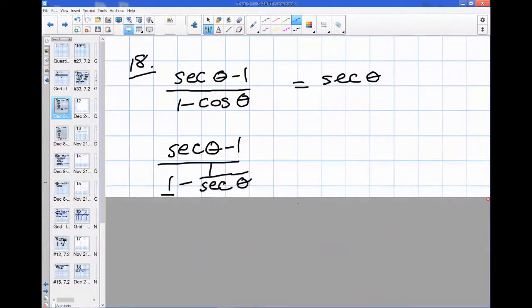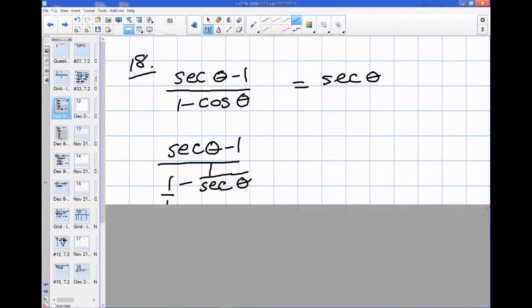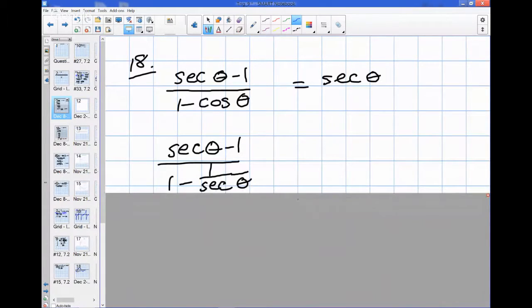So one way to get started on this is, as long as the right side of the equation is only in one function, secant, one approach is, can't we just change everything to secant on the left? Well, the top is already set. Is there a way to change cosine into secant?